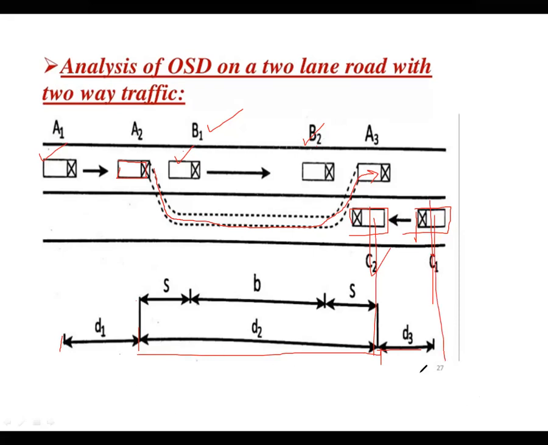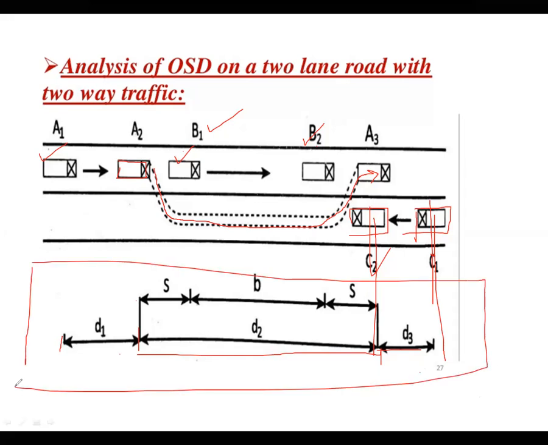So D1, D2 and D3, these are the distances. So the overtaking side distance is equal to D1 plus D2 plus D3.